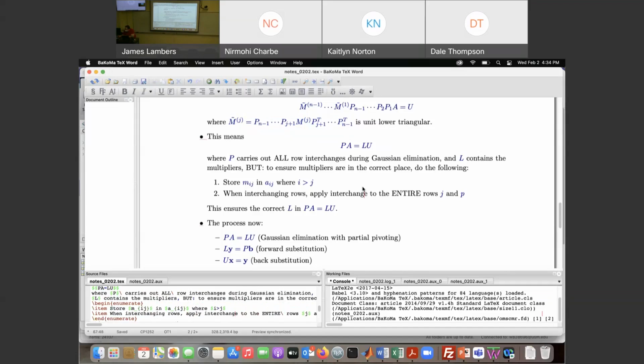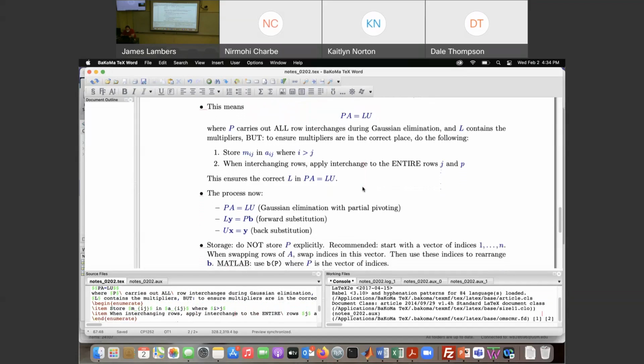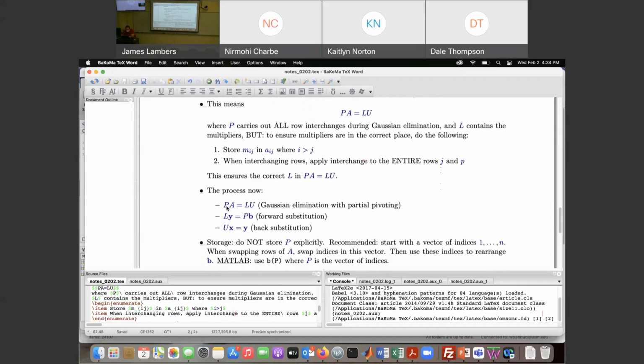Now, I need to make a comment about storage. The permutation matrix P, as we've seen, is a matrix that is just a scrambled identity matrix. Most of the entries are 0. So for an n by n matrix, only n non-zero entries, and those are equal to 1. So you should never store a permutation matrix explicitly. It's a total waste of storage. And you don't have to. What you can do instead, and it's advisable for homework on this section, is make a vector of indices 1 to n, like 1:n in MATLAB.